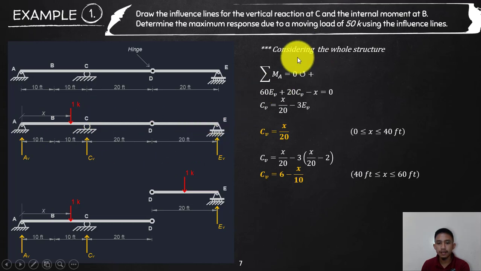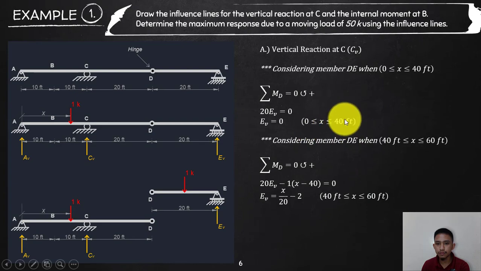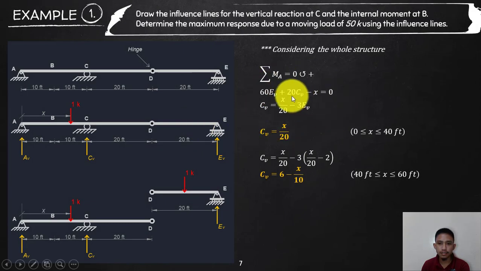Again, we need to divide, since there are two equations here, with 0 to 40 and from 40 to 60. So let's start by establishing the relationship of the three by taking a moment at A, counterclockwise positive still. So CB times 20 positive, and then your EB will be 60, 60 times EB is still positive.